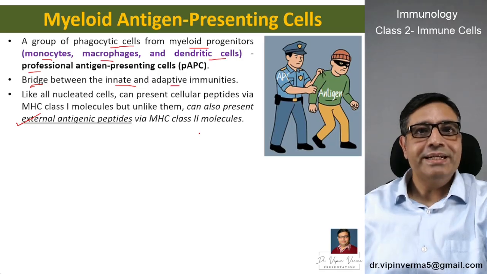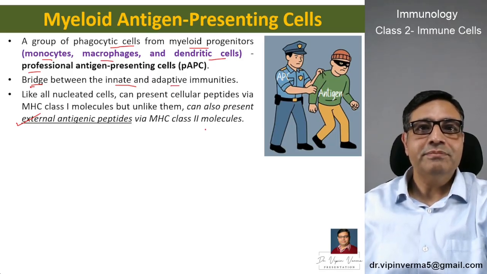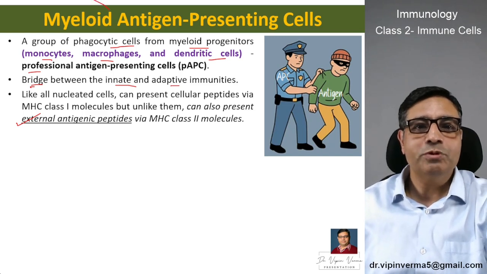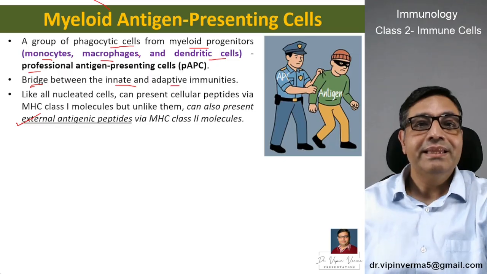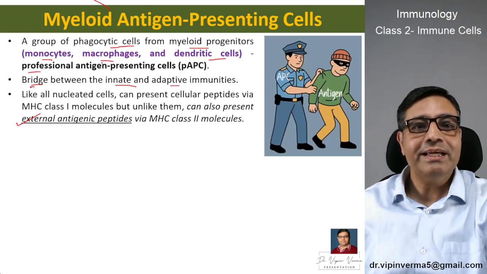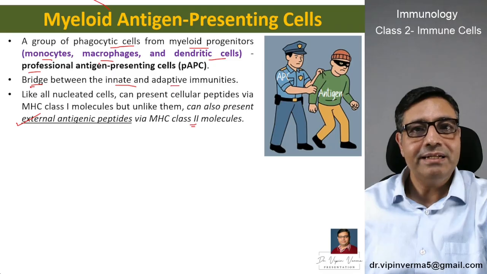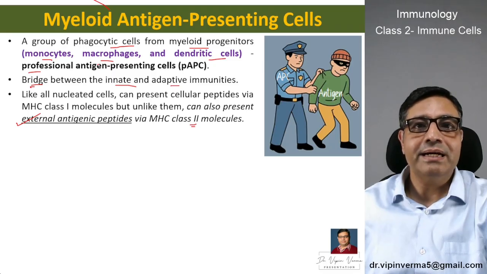So that is done by all nucleated cells. But there are some special cells, the monocytes, macrophages, and dendritic cells. Besides type 1, they also have type 2 MHC molecules, and these can display the peptides of external antigens. That means these cells can engulf the antigens, degrade them, and then present their components using MHC class 2 molecules.